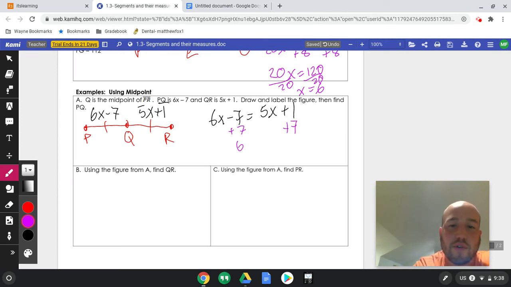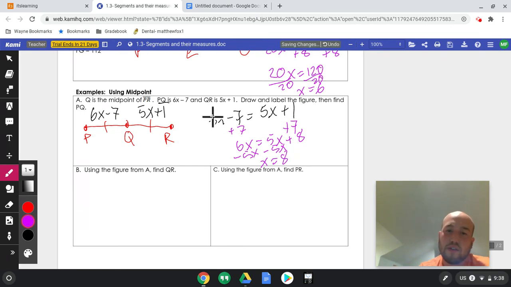There's a couple different orders that we can do it. 6x equals 5x plus 8. Subtract the 5x. And we get x equals 8. And we're not done, because notice over here, it says draw and label the figure, then find PQ. We found what x is. We need to plug that in here for x to find what PQ is.